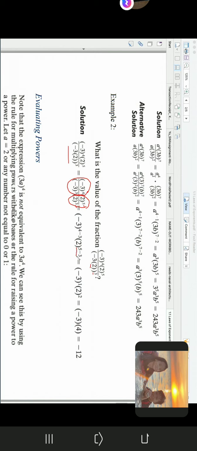Then you simplify, that is negative 3 raised to the power of 1, and this is 2 squared. Negative 3 raised to 1 is just negative 3, and 2 squared is 4. So negative 3 times 4 is negative 12. So the value of the given fraction in exponential form is negative 12 when you simplify.